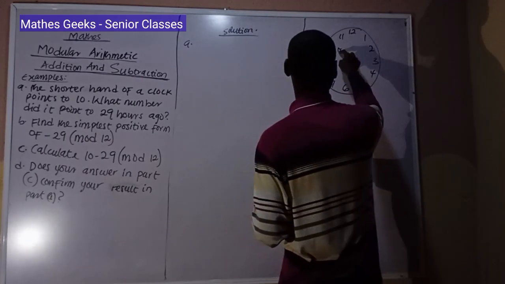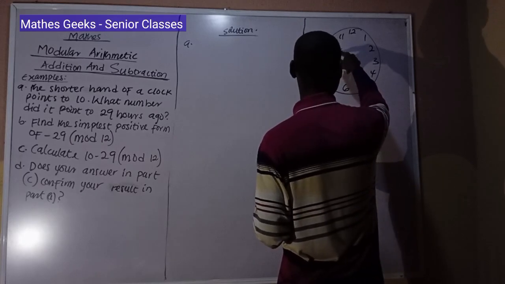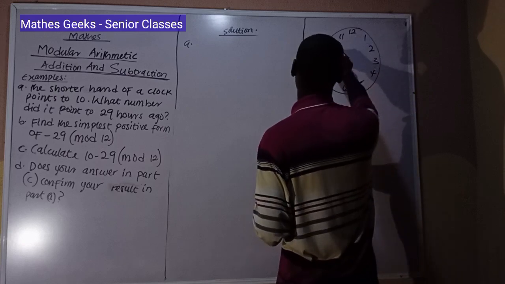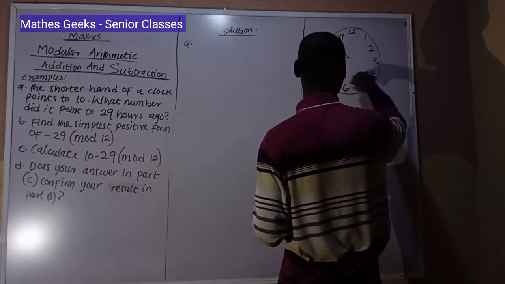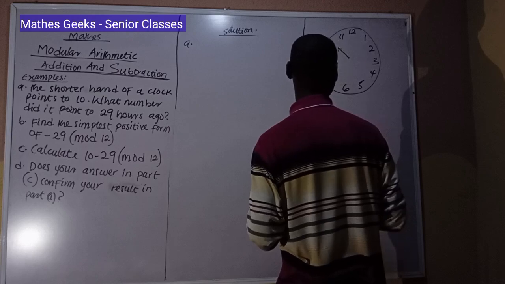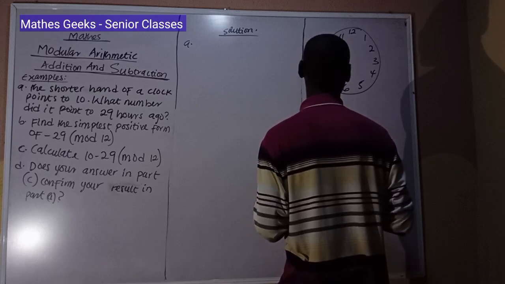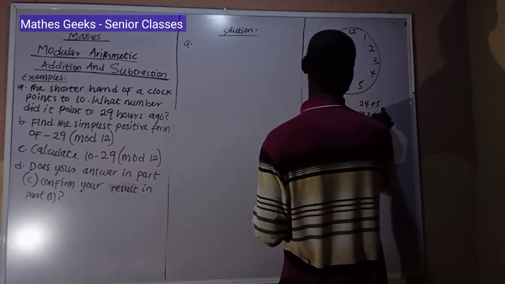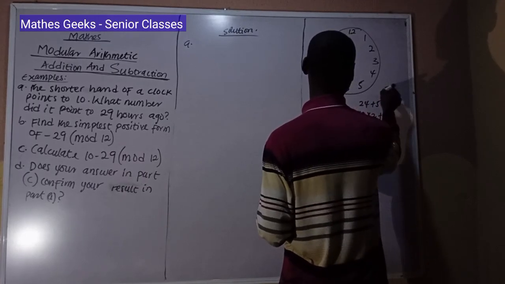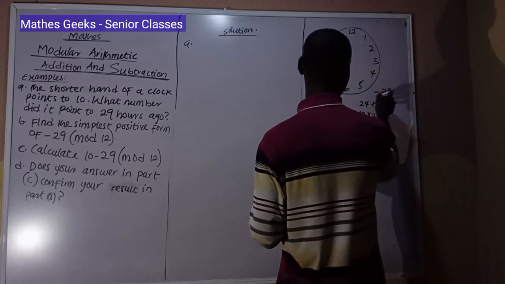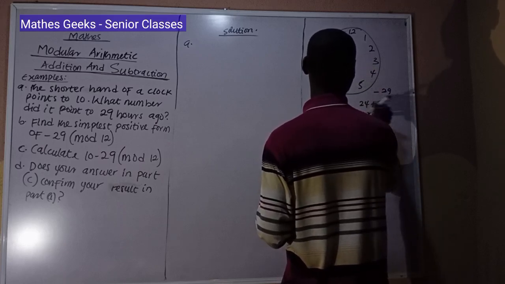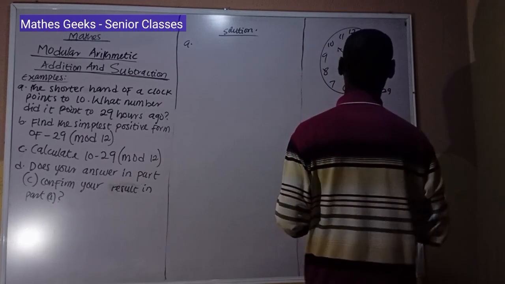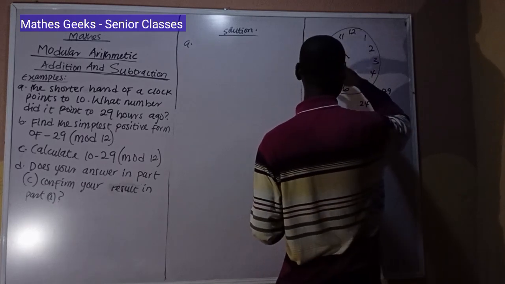So from 10, if you rotate backwards until you get back to 10, that's 12. And if you do that again, that's 2 times, that's 24. And so you are left with 5 more, so 24 plus 5. That's 12 times 2 plus 5, which is 29. That's 12 times minus 2 plus 5. Remember, minus means backward movement, or anti-clockwise movement.